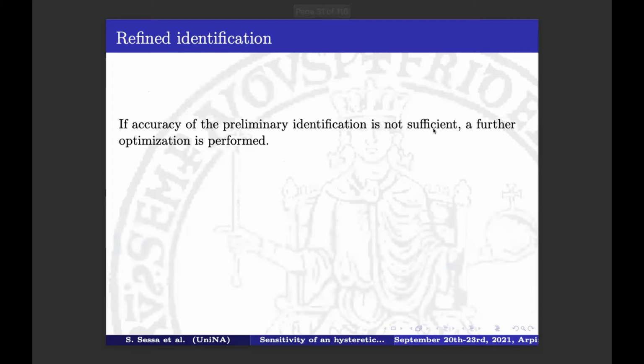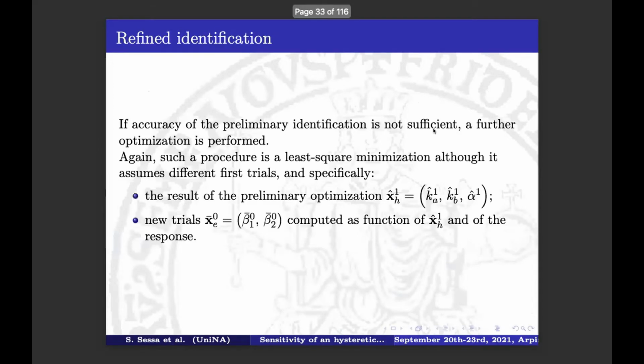In this case, as a first trial, we set for the first 3 parameters just the result of the preliminary identification, while the new trials of beta are computed as a function of the first 3 parameters.